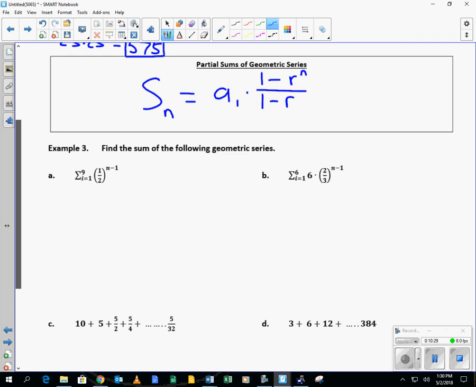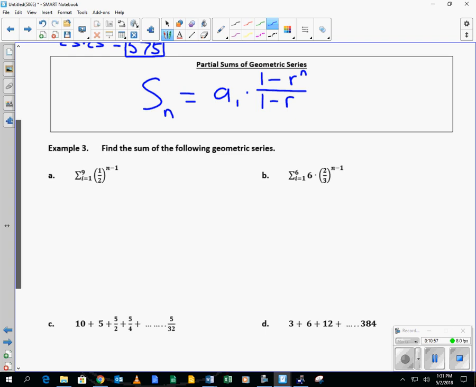Now, as you look at this, it's very important for you to recognize what you are asked to know in both the arithmetic series sum as well as the geometric series sum. A sub 1. What do you not have to find in the geometric series sum that you did have to find in the arithmetic one? A sub n, you don't need to know the last term. We don't need to know the last term.